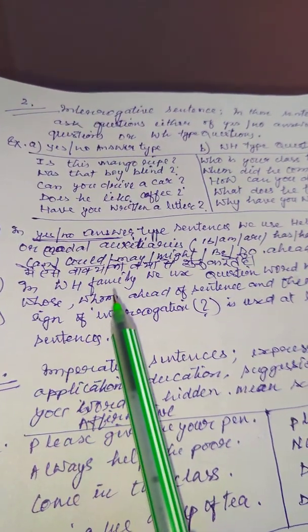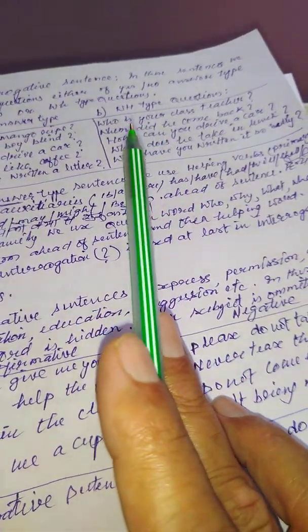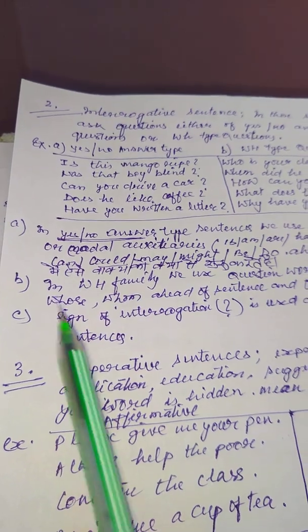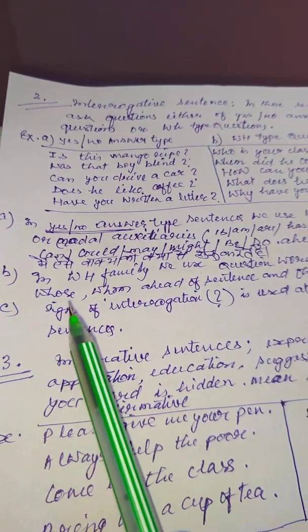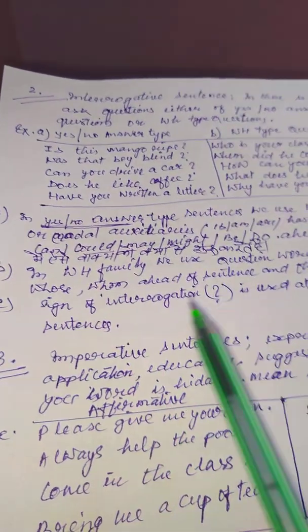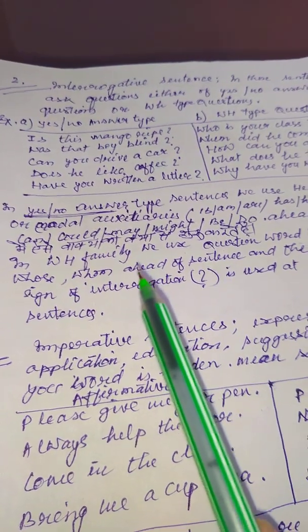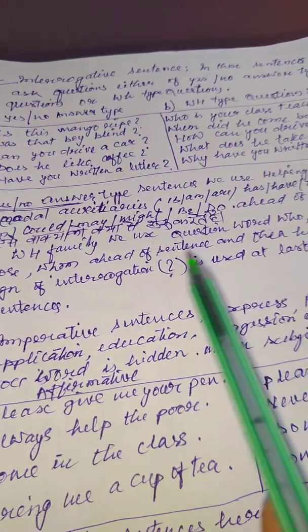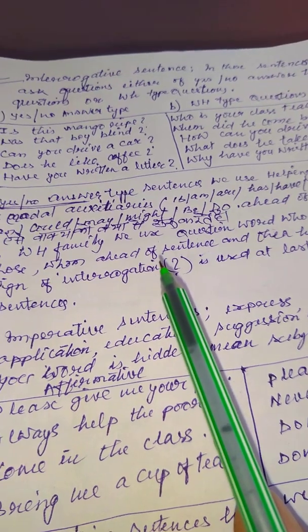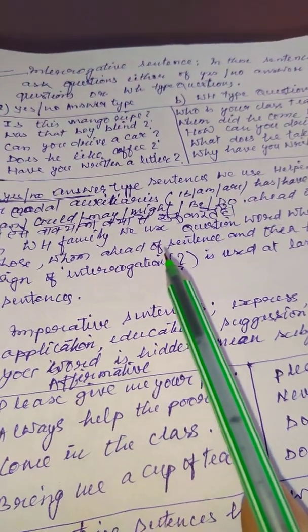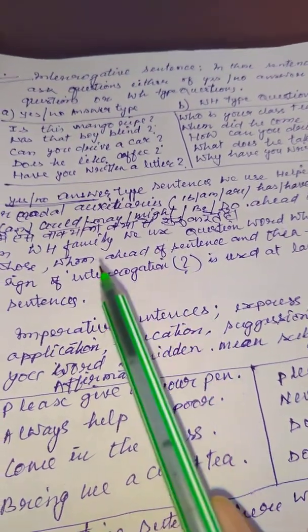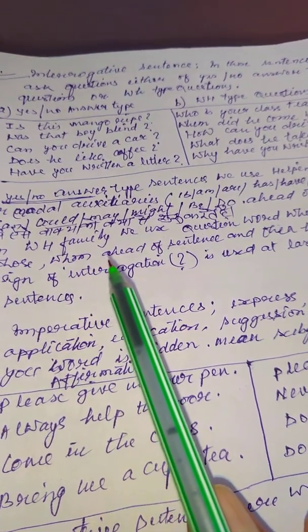In WH family means here, these sentences. See how he is telling whose, whom, where, why, whose or what are kept ahead of the subject.